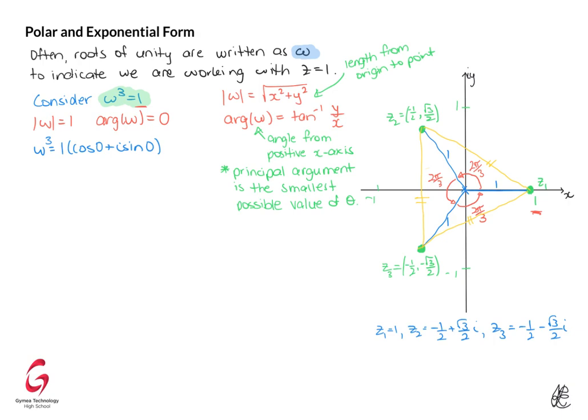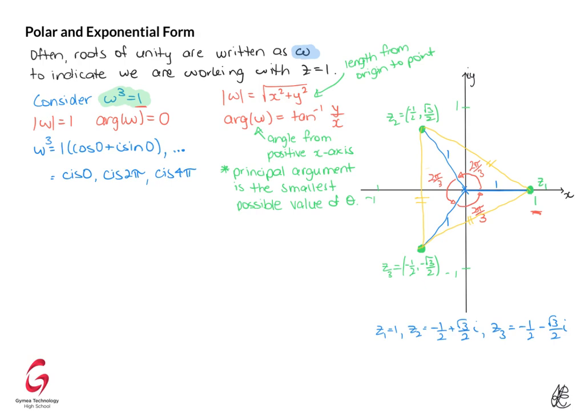But we also know that we can add full rotations of that unit circle to that root an infinite number of times and keep generating that root of positive 1 back as well. So while 0 will be the principal argument, or the smallest possible value of theta, I could also use 2 pi as my value and it will give me back the first root of 1. I could use 4 pi, 6 pi, and so on.